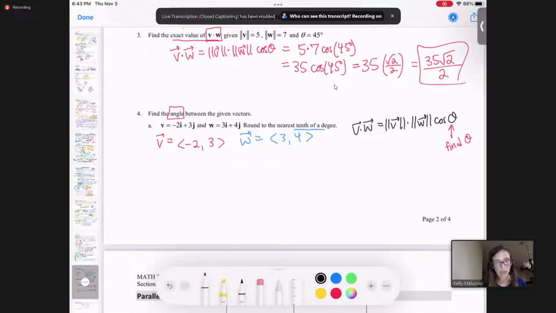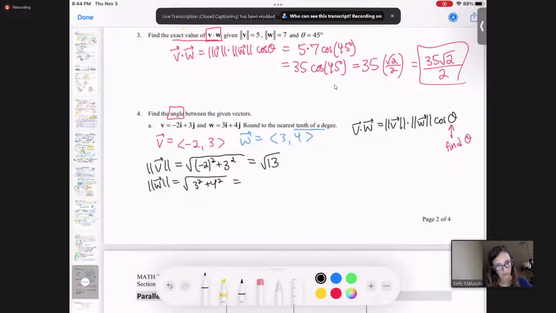So to do that, I'm going to start by getting the magnitudes. Or you could start by getting the dot product, I suppose, but I'm going to get the magnitude of V, which is the square root of negative 2 squared, which is 4, plus 3 squared, which is 9. So the square root of 13. And then the magnitude of W is the square root of 3 squared plus 4 squared. So 16 and 9, so square root of 25. Ooh, that one's nice for us.